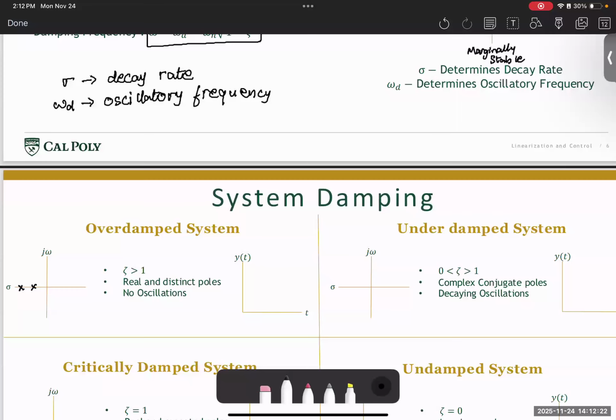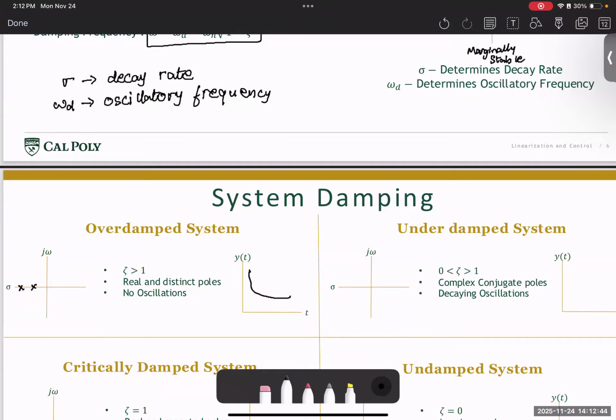The real axis is the axis which has the sigma, and the imaginary axis is the axis that has j omega. Then the poles of the system in this case become real and distinct, or in other words, when we provide any amount of input to the system, the system does not end up having oscillations and it smoothly settles into the final state.